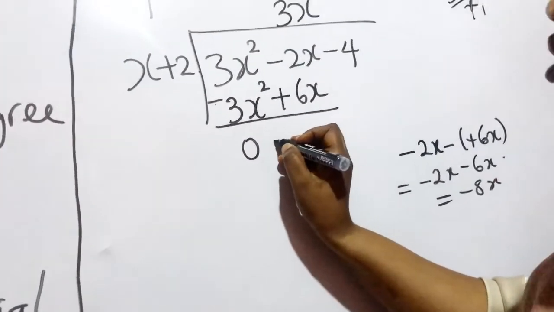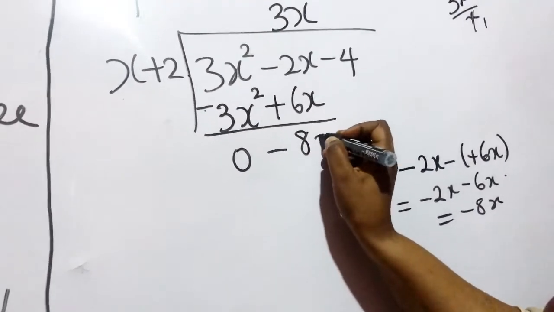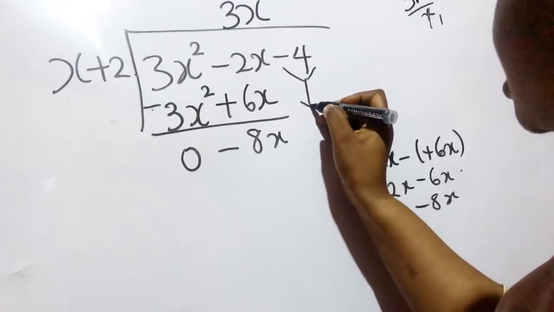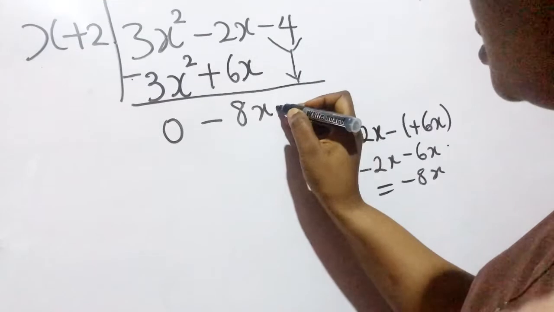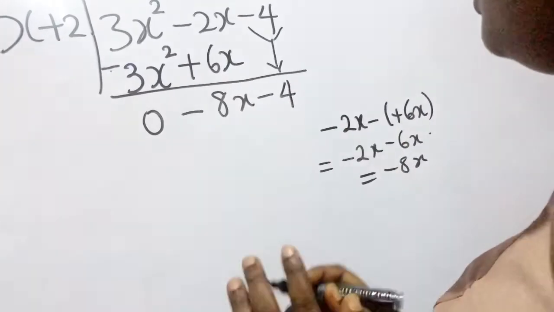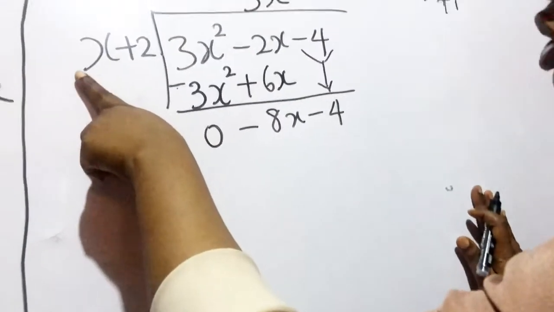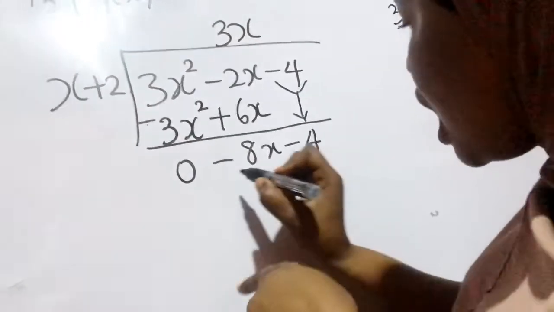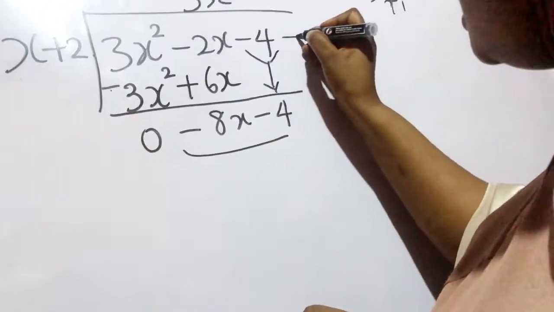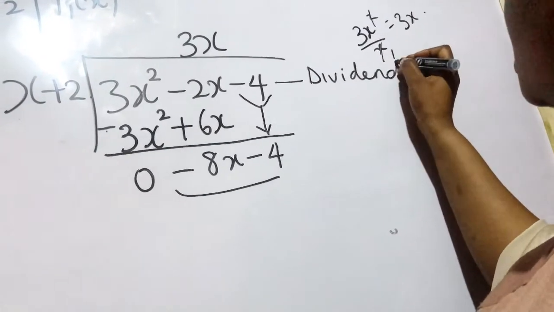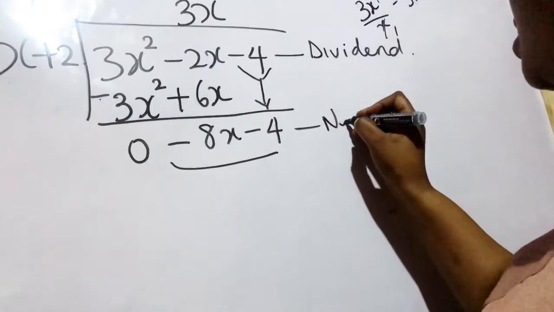So here is minus 8x. Then you are going to write the constant down. Minus 4. So this one will be our new dividend. This is the initial dividend. So this is the new dividend now.